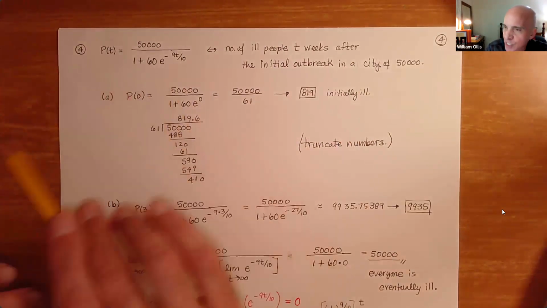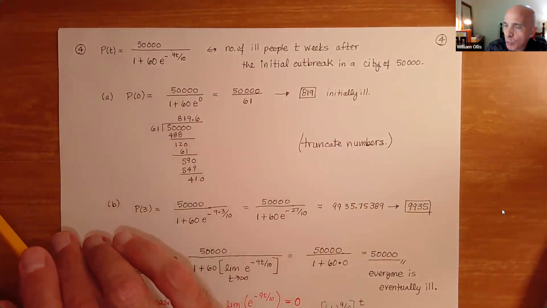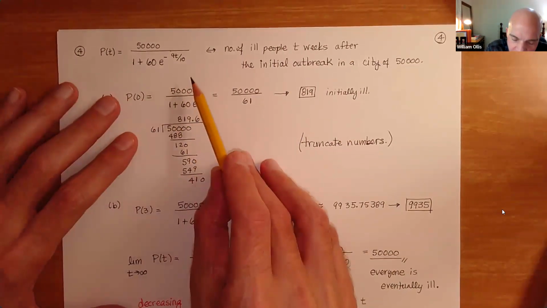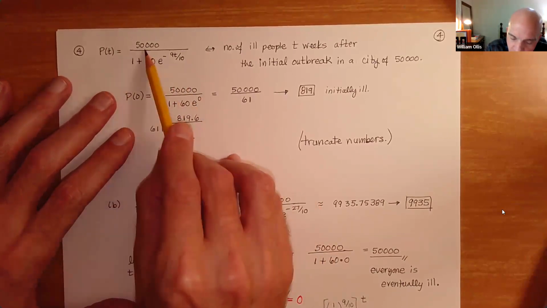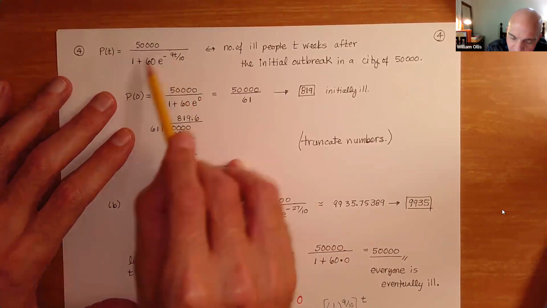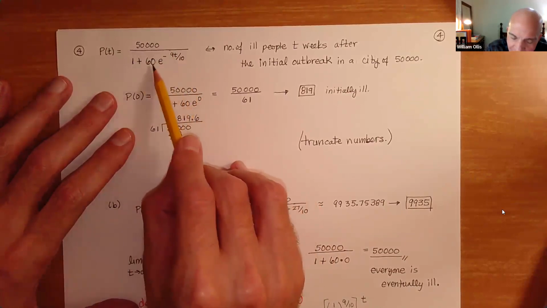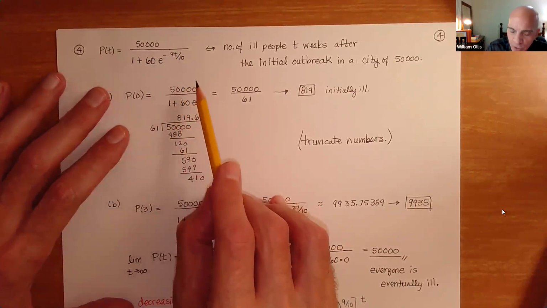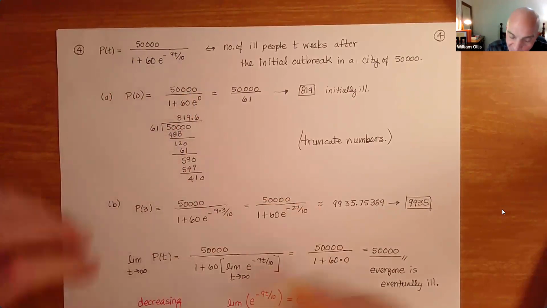So this is kind of specific, and maybe this is a model that you have worked on for a particular experiment. The number of ill people is equal to 50,000 divided by 1 plus 60 times e to the negative 9t over 10. So this is an interesting problem from your lecture notes.